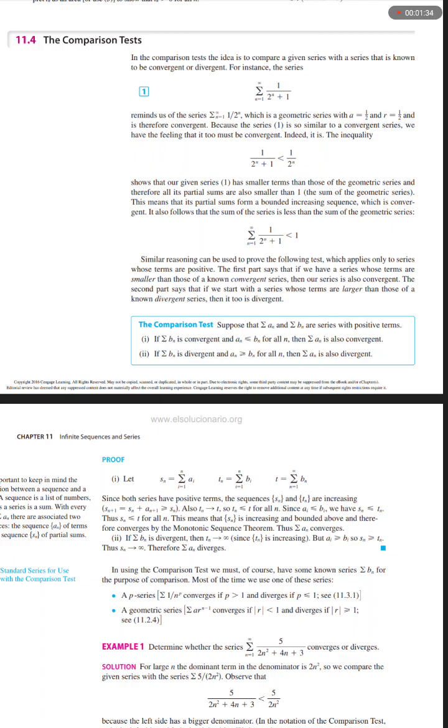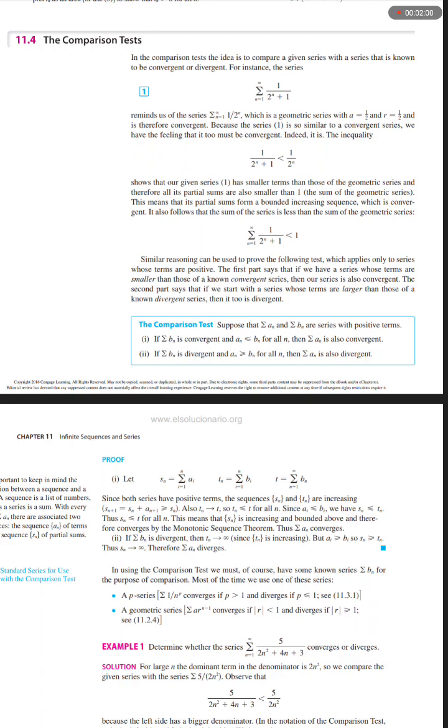This means that its partial sums form a bounded increasing sequence, which is convergent. It also follows that the sum of the series is less than the sum of the geometric series. The sum from n equals 1 to infinity of 1 over 2 to the power n plus 1 is less than 1.